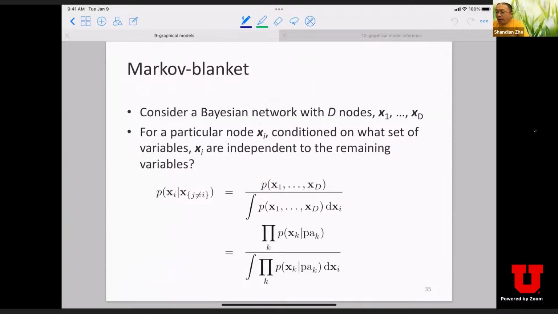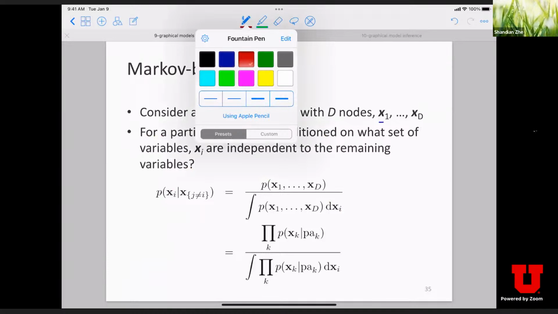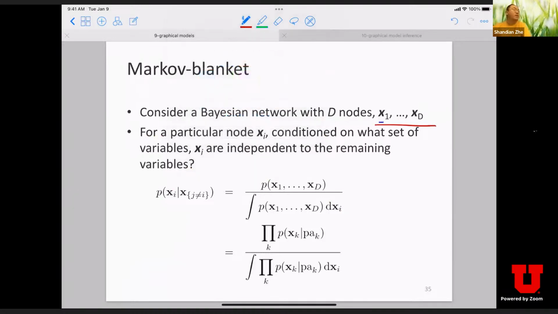Next, we're going to introduce the concept called Markov blanket. So consider a Bayesian network. In this network, you have D nodes, like x1 to xd. For a particular node xi, we want to ask, conditional on what set of variables xi is independent of the remaining variables.